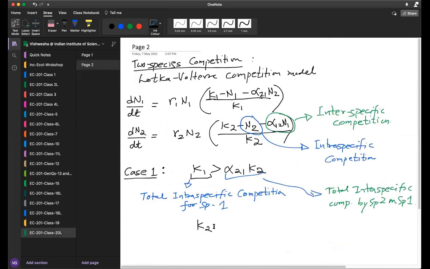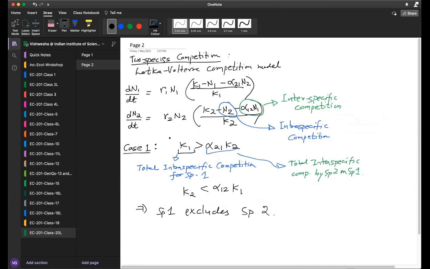Now for species 1 with internal competition is more, whereas for species 2, external competition from other species is more. If this happens, what happens? Species 1 competitively excludes species 2. Does that make sense to everyone?